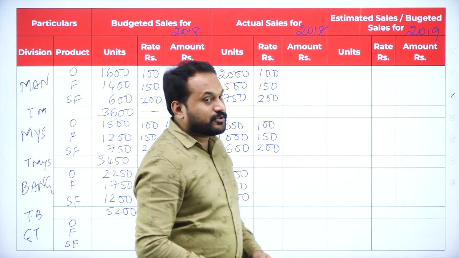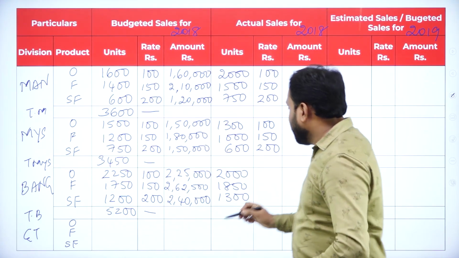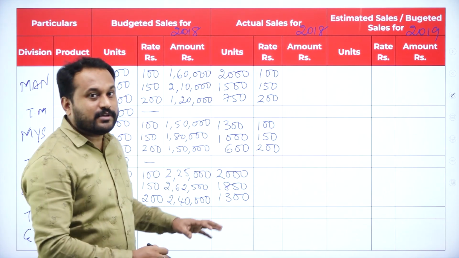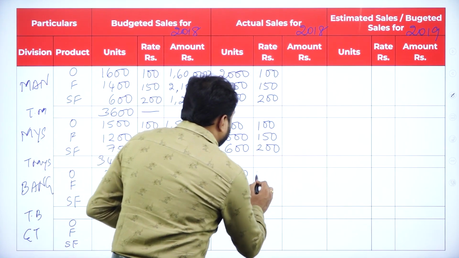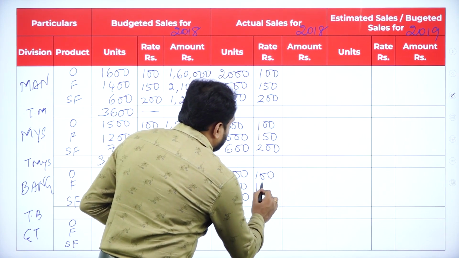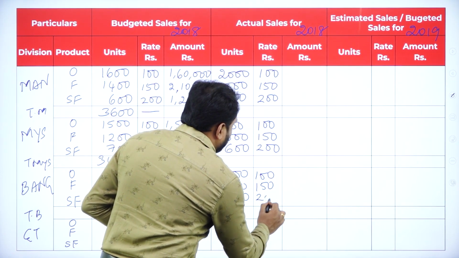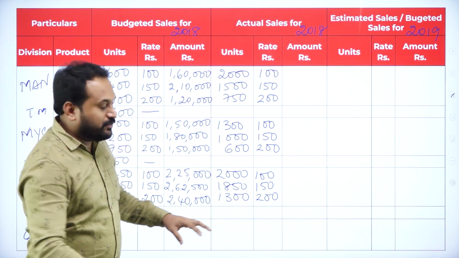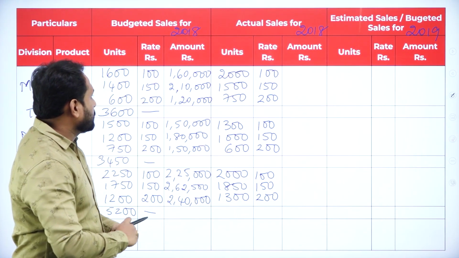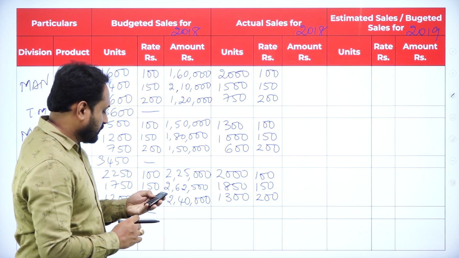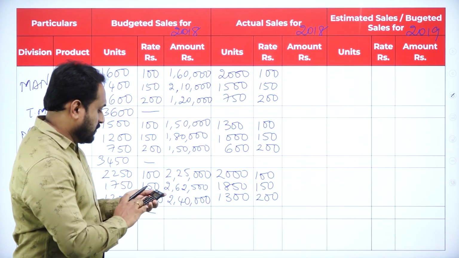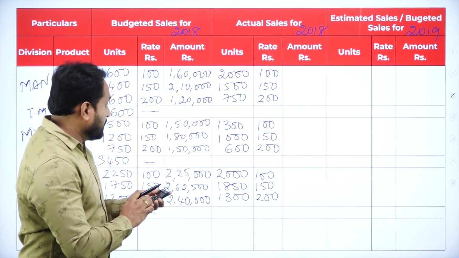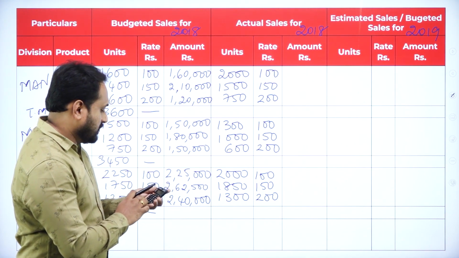Now what we are supposed to do here is calculate. Again, the rate remains the same, 100, 150 and 200 respectively. If we calculate this, we will get the total. Now 2,000 plus 1,500 plus 750.